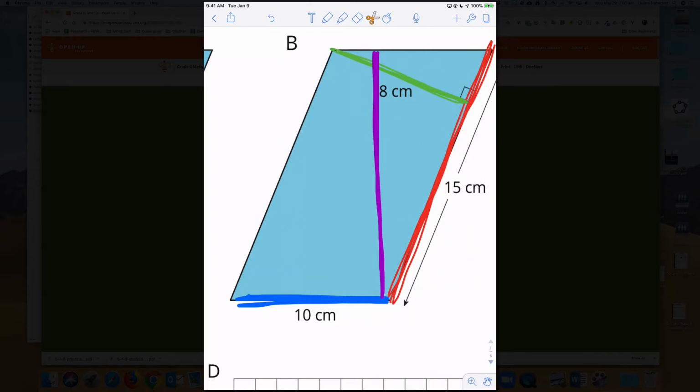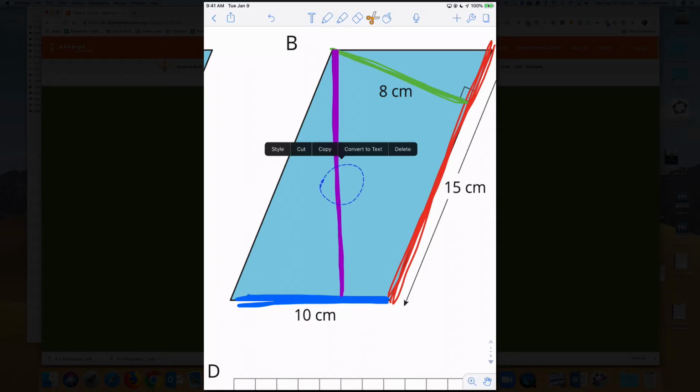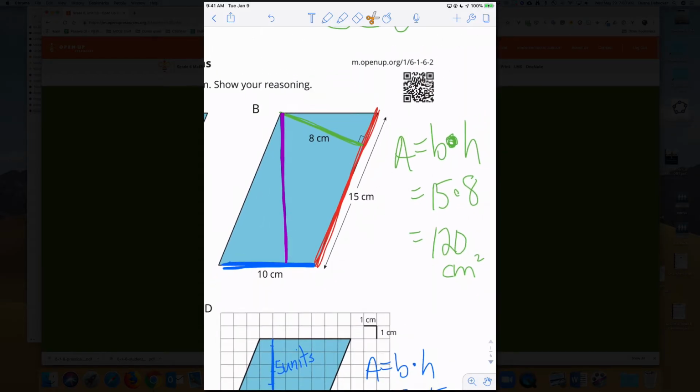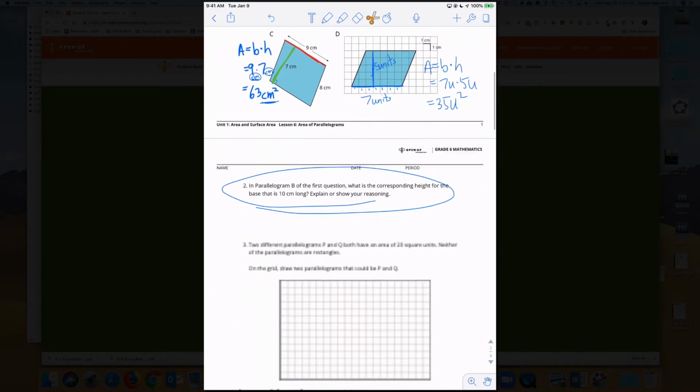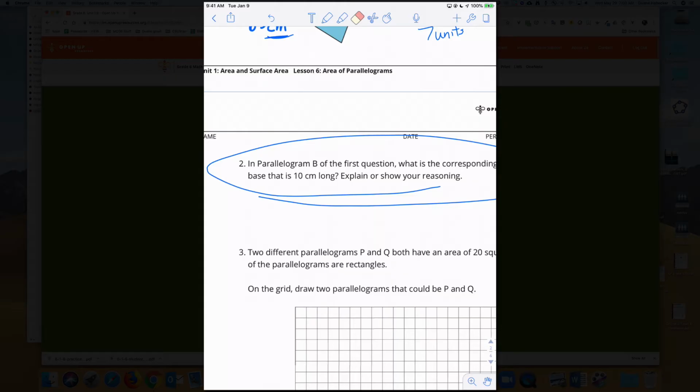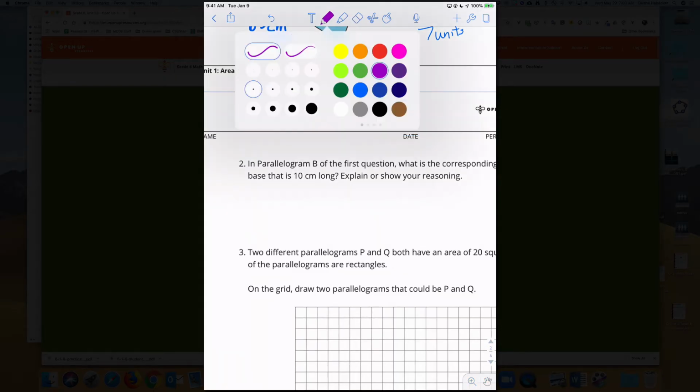But that doesn't mean we can't answer the question, because remember, we know that the area of this parallelogram is 120 square centimeters. And we know that the base is 10, so we can use a little bit of division to find that missing value. So let's do it.